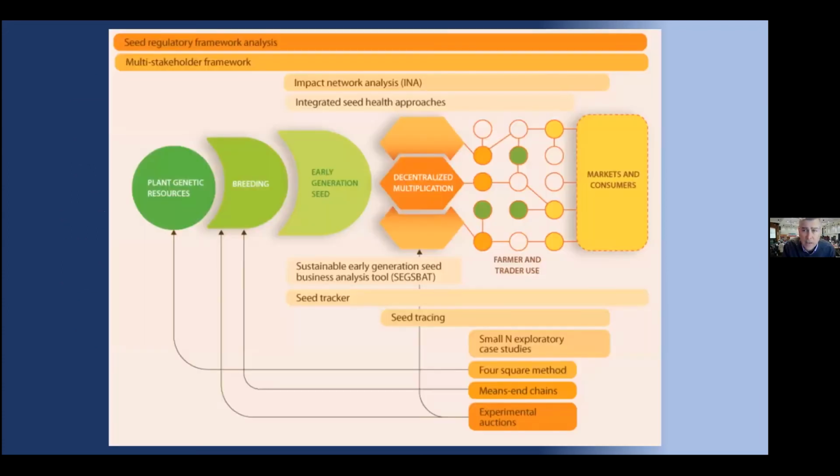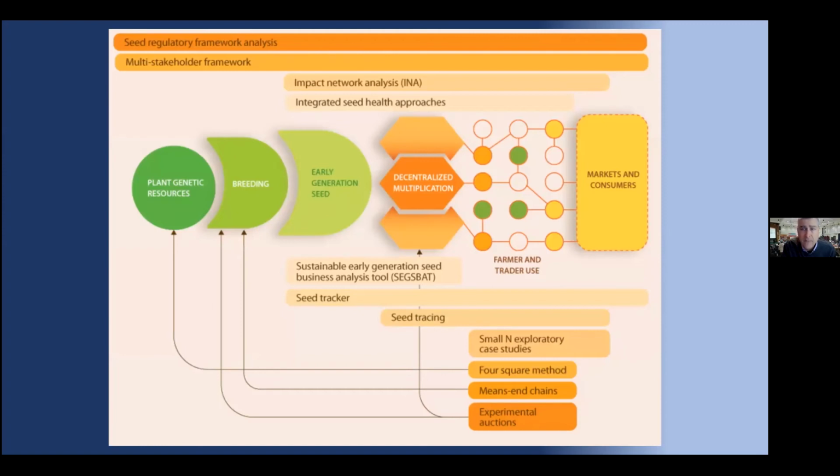And I think the seed value chain framework that's been well described by the RTB consortium is one that really describes a shared vision of what a good functional seed system looks like for vegetatively propagated crops.